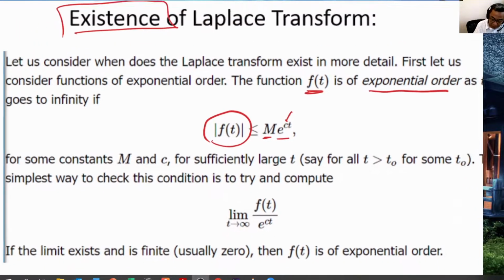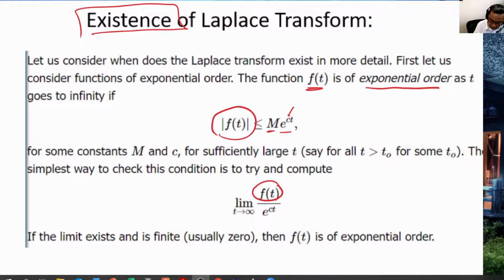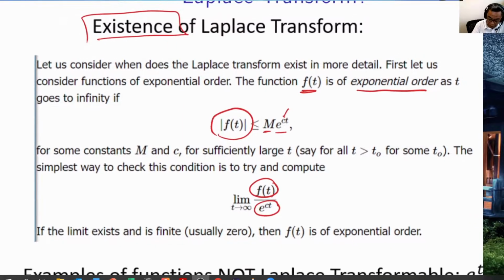But as long as this absolute value, when divided by some e^ct, tends to 0 and the limit exists, then we call this f(t) exponential order. And for all exponential order functions f(t), the Laplace transform exists.